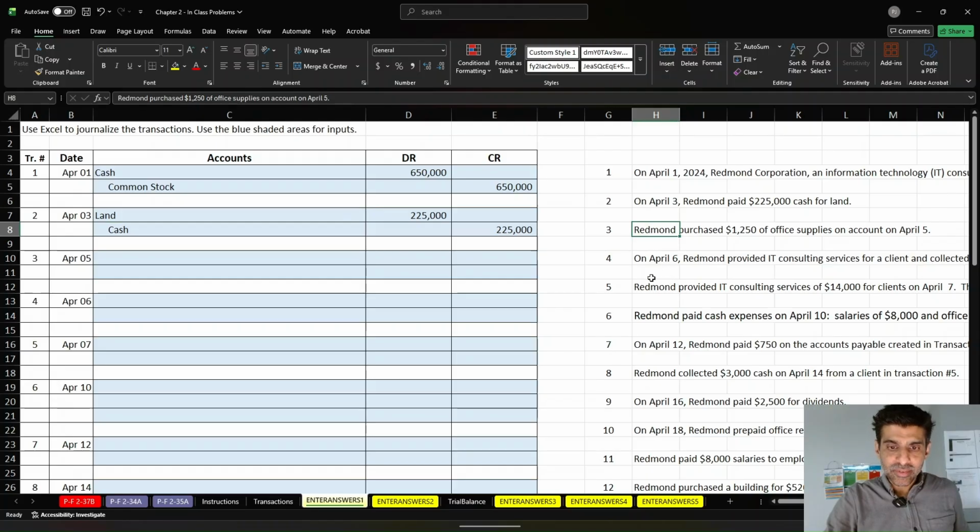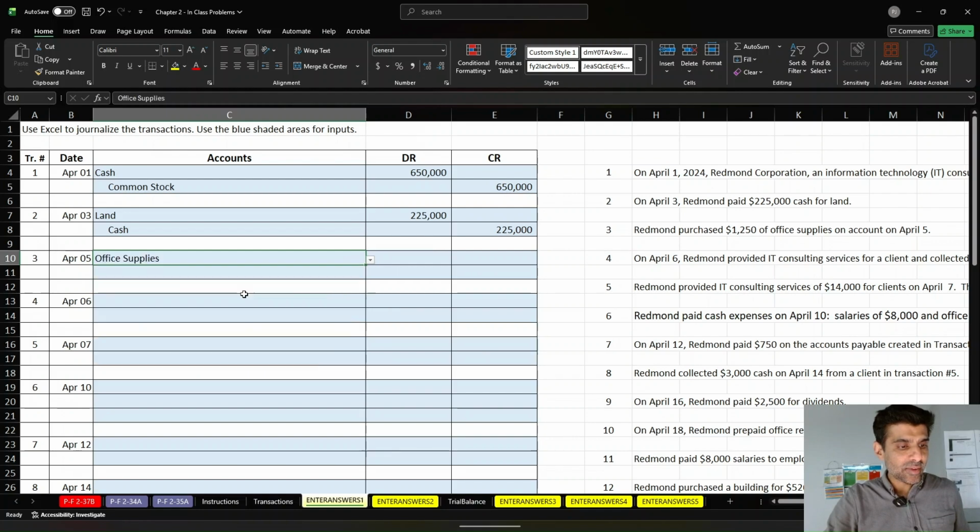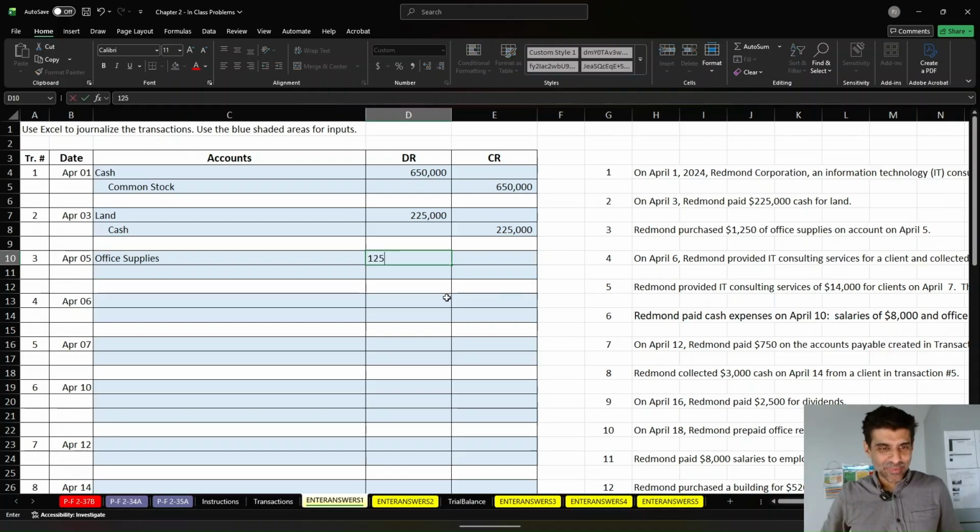Next one, we purchased office supplies on account. So I'm receiving office supplies, and office supplies are what? An asset? Yeah, they're an asset, right? Let's just not play that game. 1250. It's an asset.